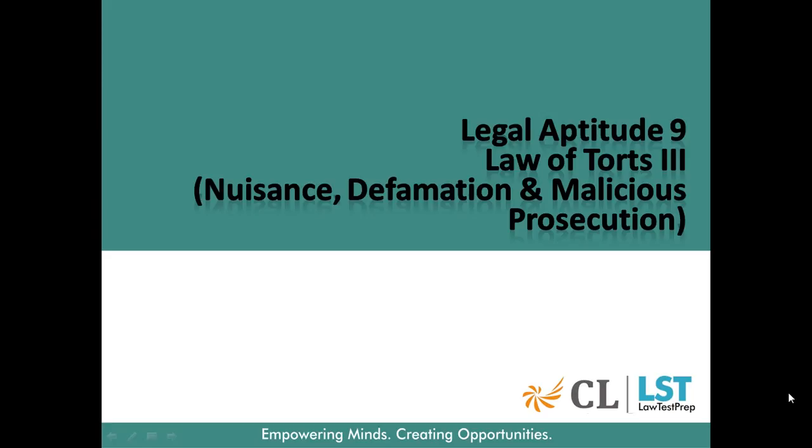So public nuisance is basically an unreasonable interference with the right common to the general public, meaning thereby the public is affected by an activity. Suppose you obstruct a highway by digging a trench in the middle of it. Due to this, many persons have to take a diversion to reach their destination. They may miss their important meetings. So the public is affected. It is an unreasonable interference with the right common to the general public.